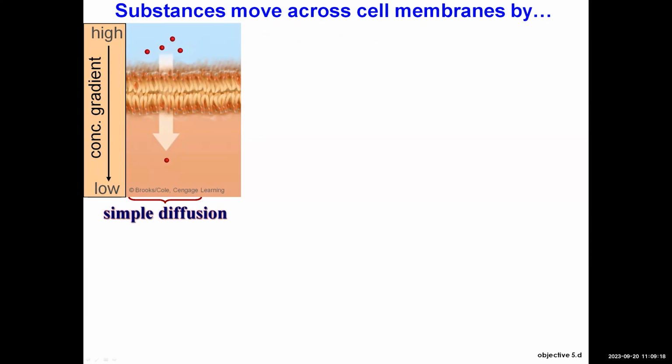In simple diffusion, molecules move through the membrane on their own with no assistance. When they do this, they will always do so along the concentration gradient, where they'll go from a high concentration to low concentration. So movement from high to low is with the gradient.